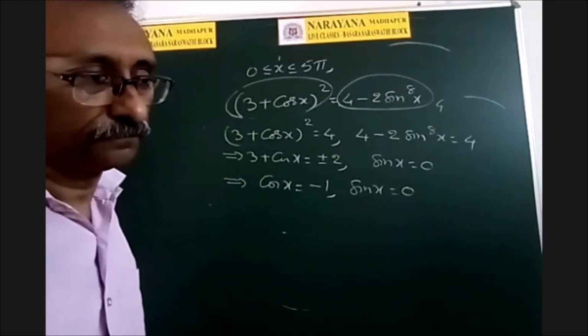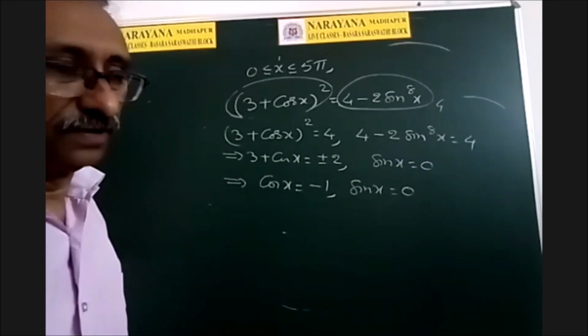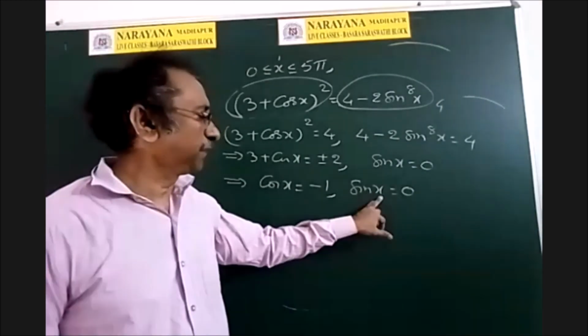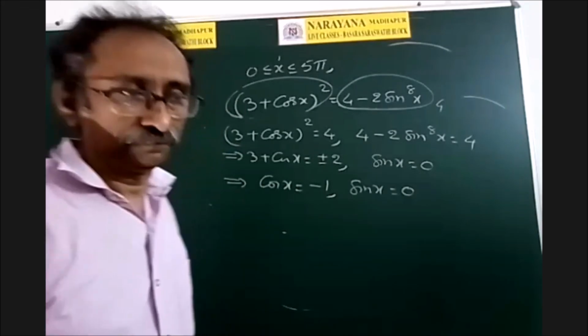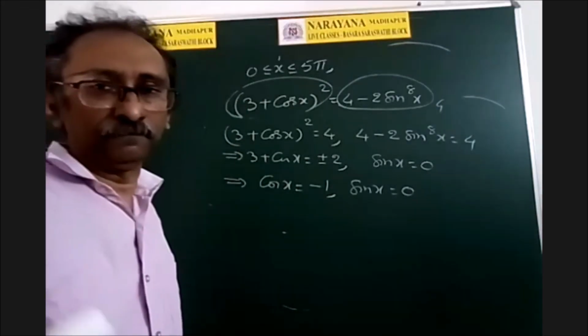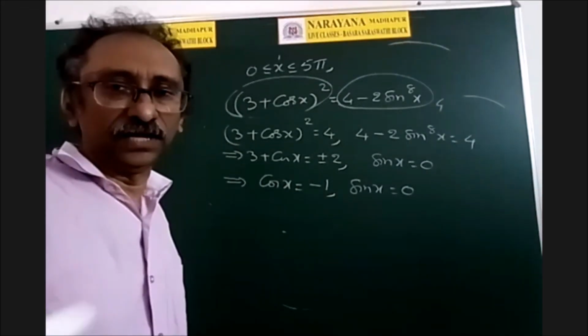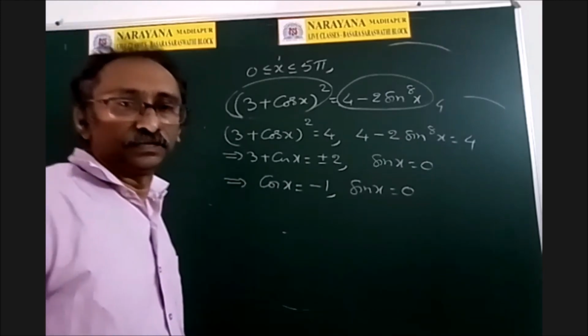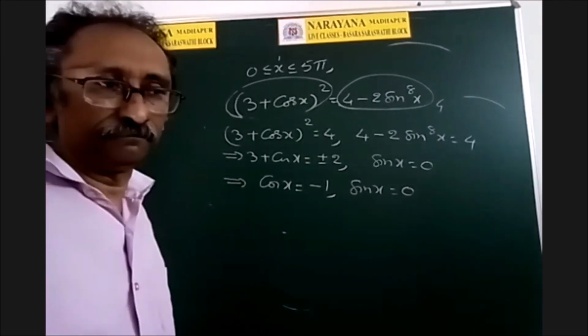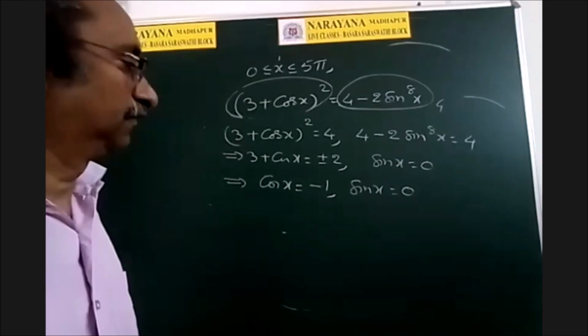At pi by 2, sin pi by 2 is not 0, it is 1. First of all, think properly. Divith Reddy. Sir, pi. Pi, very good.